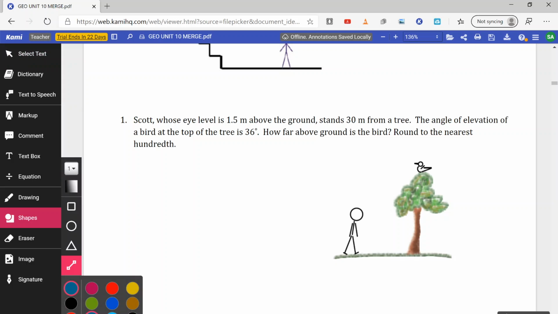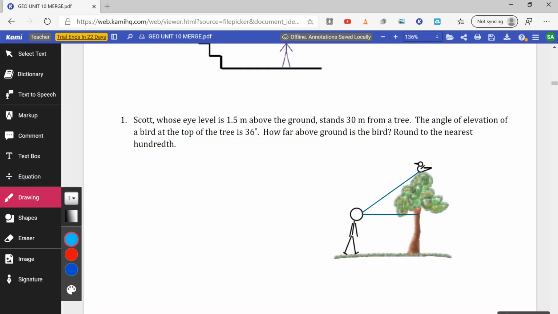We are told that we have an angle of elevation of 36 degrees. So angle of elevation means I've got this horizontal line of sight, and we're looking up at the bird at the top of our tree. So the angle created between the horizontal line of sight and the bird is 36 degrees. We're also told that we are 30 meters from the tree.